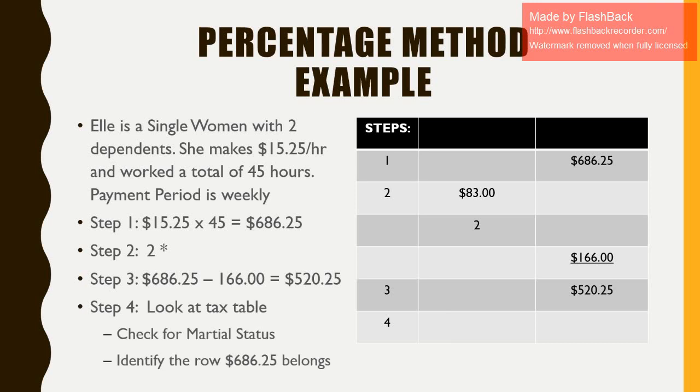Now, step 4 is going to be looking at the Circular E table, and looking at her marital status and how much she made. So we know that she's single. She made $520, and we know that the payroll period is weekly.